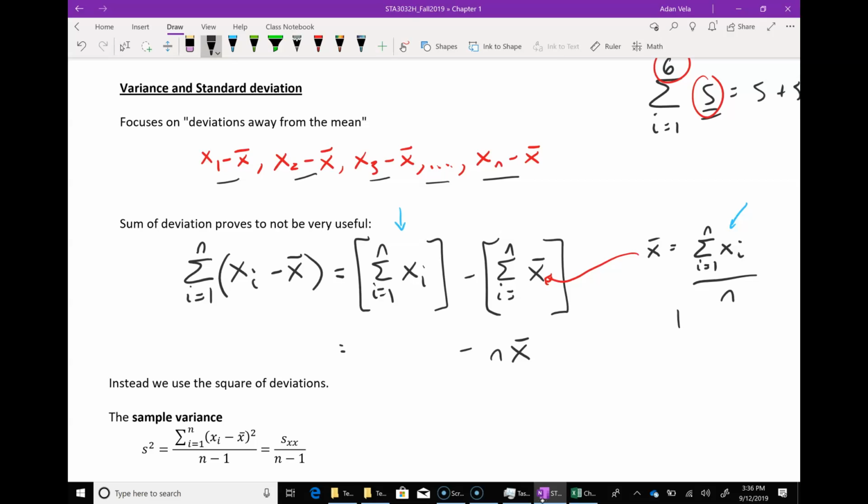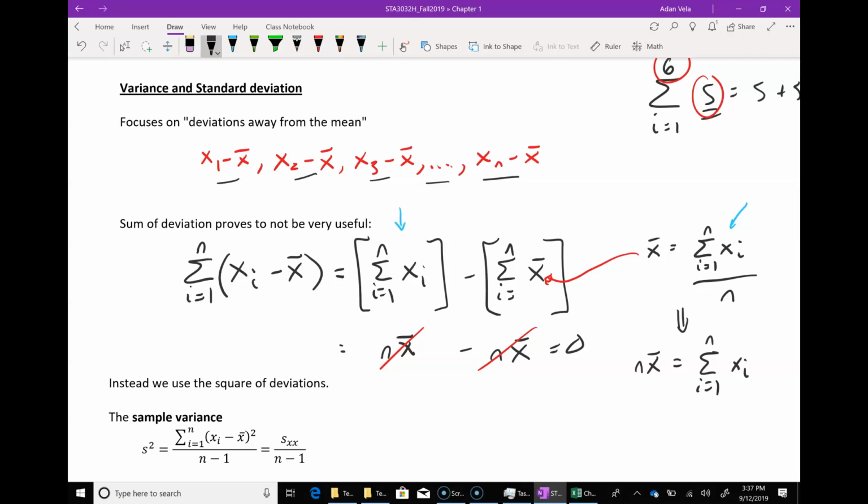If we multiply both sides by n, the summation of i equals 1 to n of xi is just equal to n times the mean. So we can substitute that value into the summation, and looky looky, they're equal to each other, so they're going to cancel each other out.